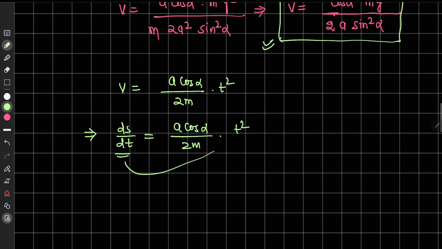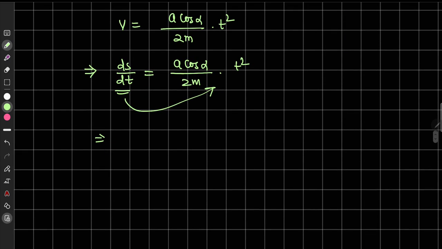Let us take dt to this side and we will get ds equal to a cos alpha divided by 2m into t square into dt.